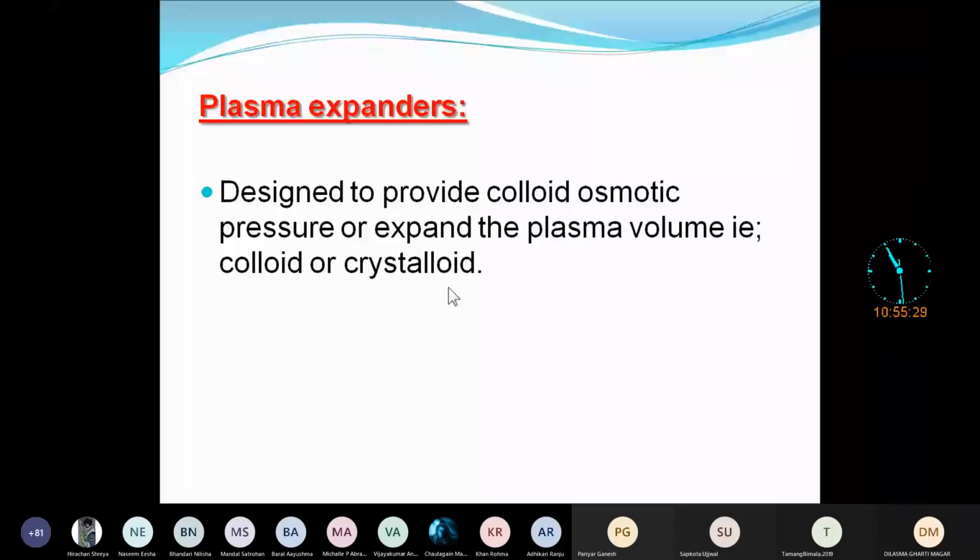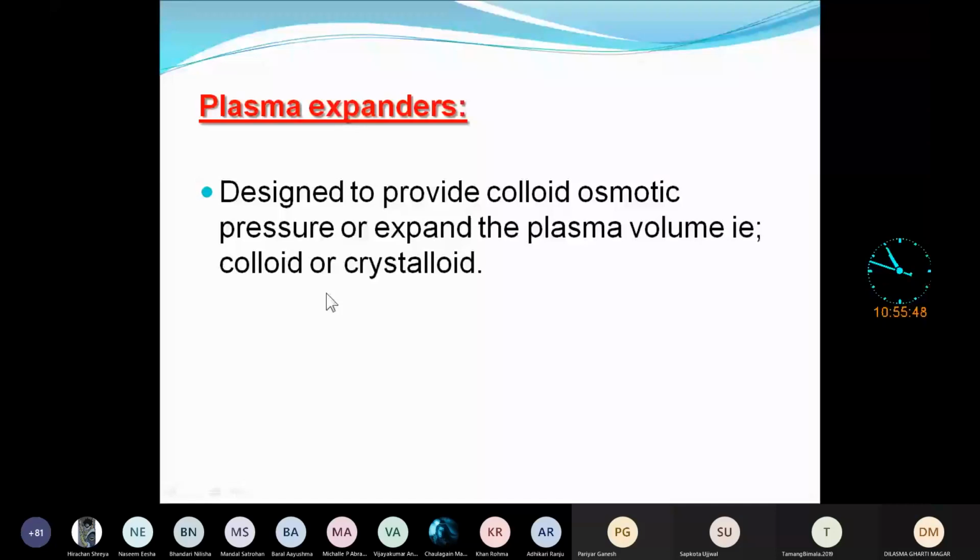The plasma expanders may be colloid or crystalloid. If there is severe blood loss, until the blood is arranged for the person, it will take time, because blood arrangement is not done immediately within a few minutes.